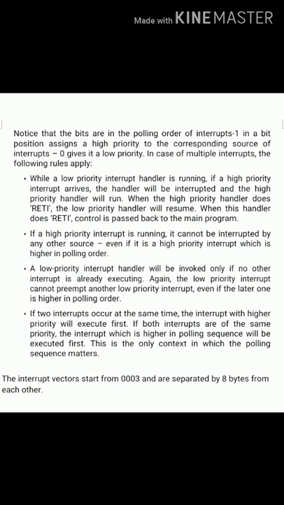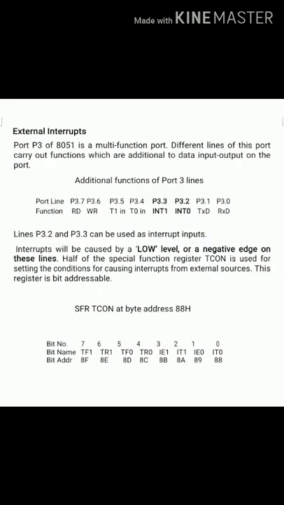Next, so this is about how the interrupts take place. Next, coming on to the external interrupts, the types of interrupts. I'm getting into the details of all the types of interrupts. I said that external interrupts can take place only through port 3. What is port 3?